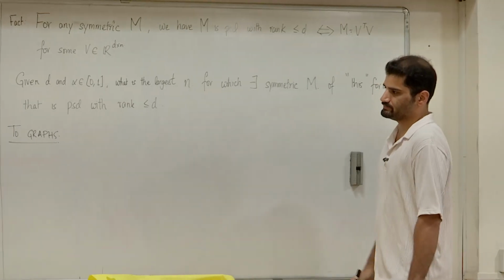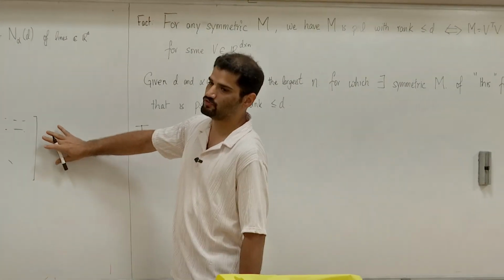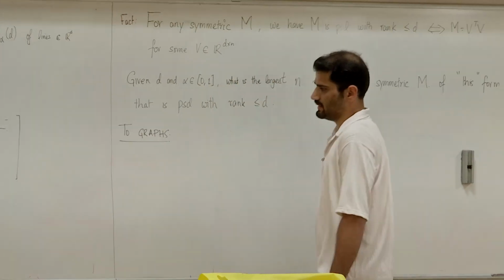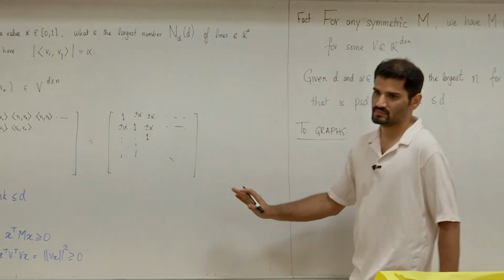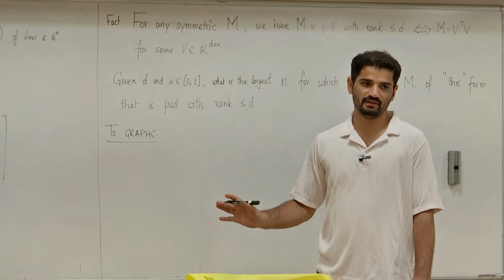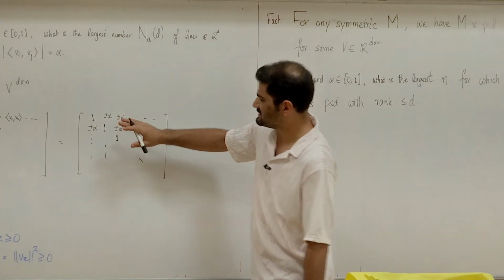Okay, so let us see what exactly this form is. It has ones on the diagonal, so it has some identity component. The other entries, imagine they're all alpha.